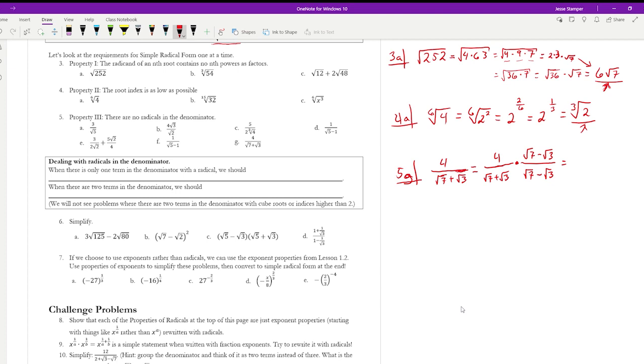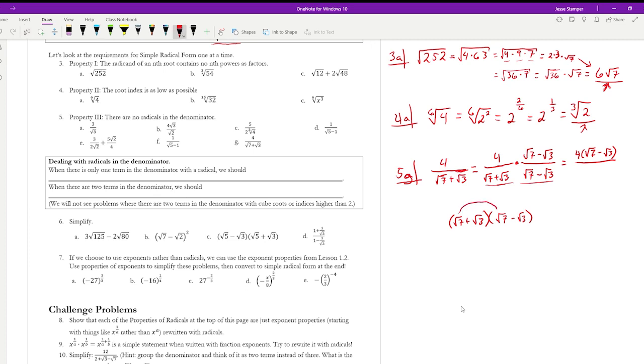Now that leaves me with my numerator. Kind of cumbersome, but that's all right. But let's FOIL these two out here, okay? I'm going to write it down here. If I take square root of 7 plus square root of 3 and FOIL that with square root of 7 minus square root of 3, well, remember that FOIL is first.